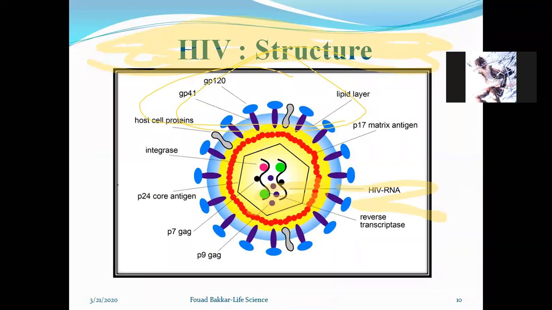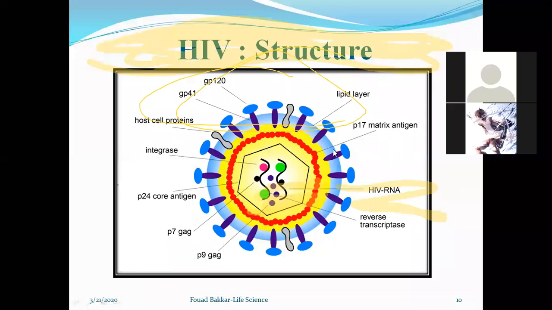DNA. And unfortunately, this virus is a protein coat, and all of it has external epitopes: GP41, GP120, a bilayer of lipids, and some types of P24 core antigens.